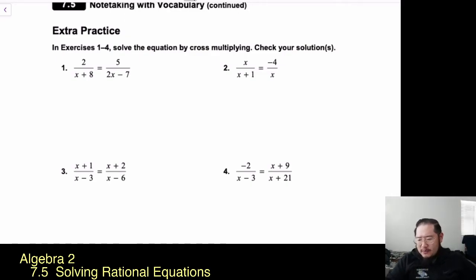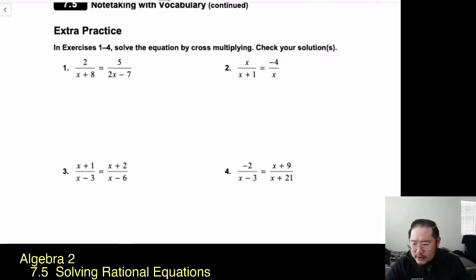Number one right here, we have two fractions, and we set them equal to each other, almost like a ratio, set up like a proportion. So right here, this is where you cross multiply. I would go ahead and take this 2 and this x minus 7, and multiply that together.